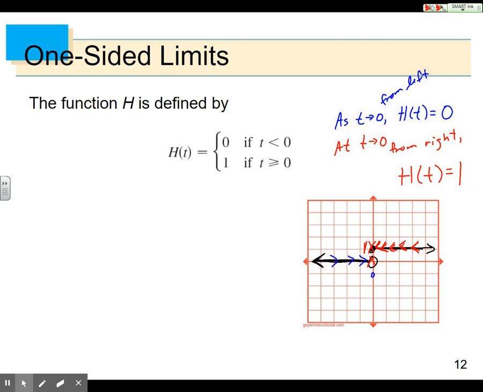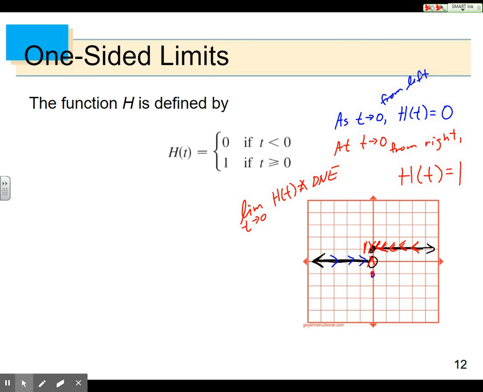So since it does not approach a single number here at 0, I would say that the limit as t approaches 0 of the Heaviside function does not exist.